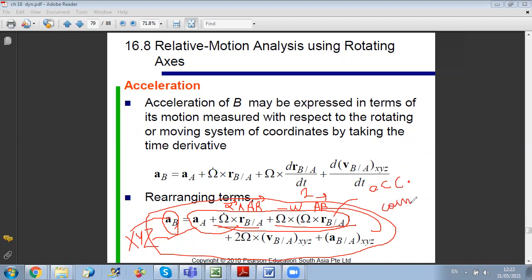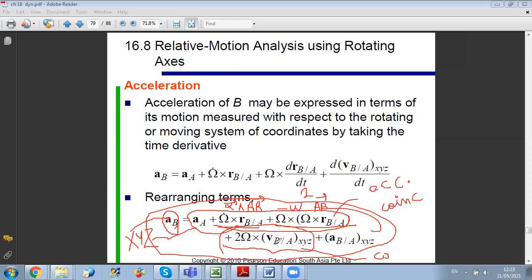Okay. Now the effect of relative motion will show up in these two terms, which are 2 omega vectorial v relative. This is called Coriolis acceleration. Okay. And the Coriolis acceleration by definition is the acceleration due to the combination of rotation of the rigid body and the relative motion.